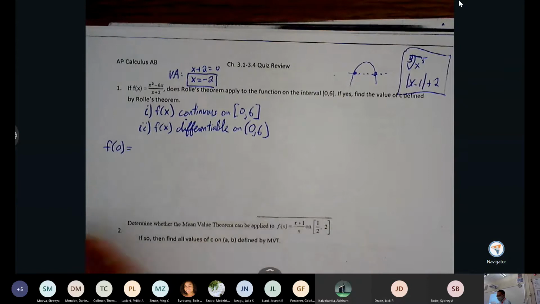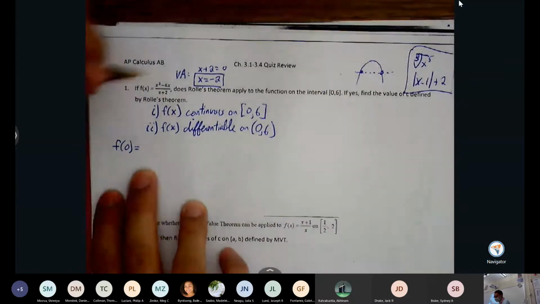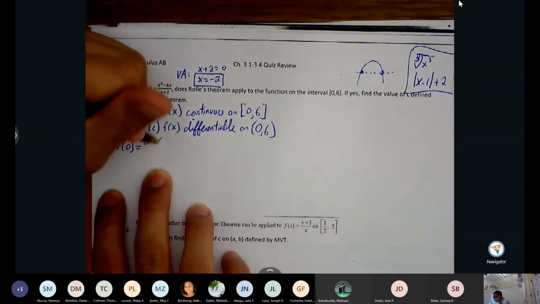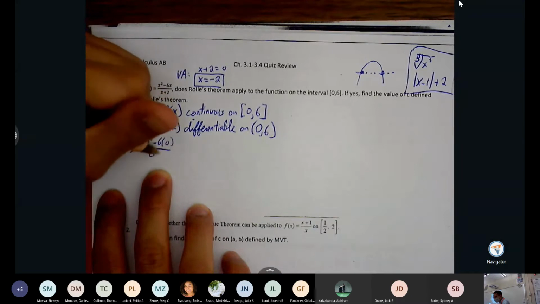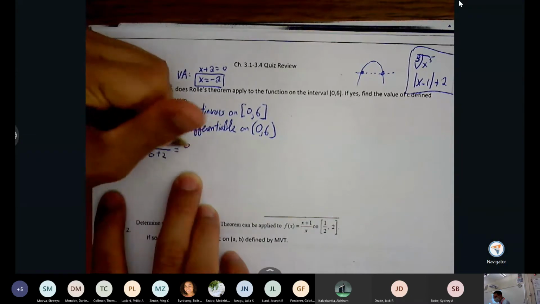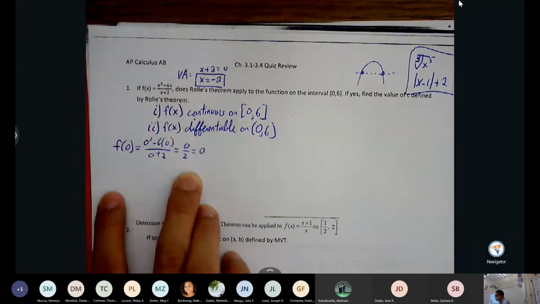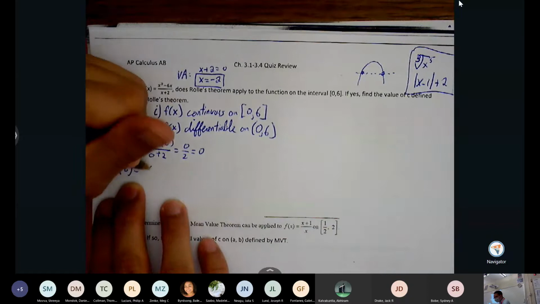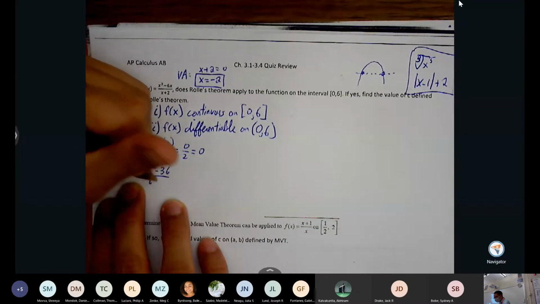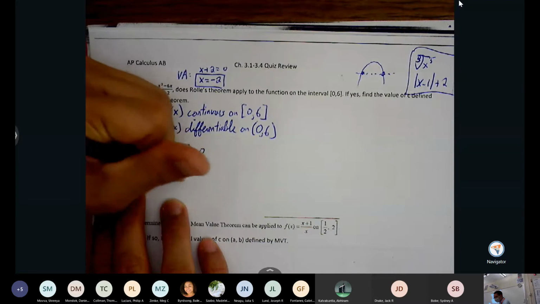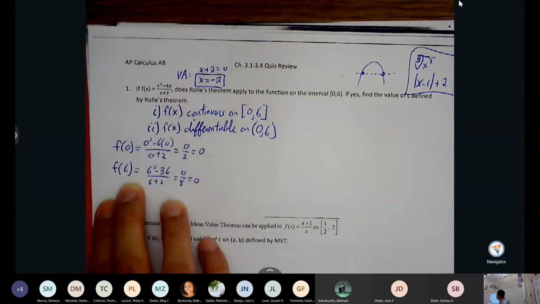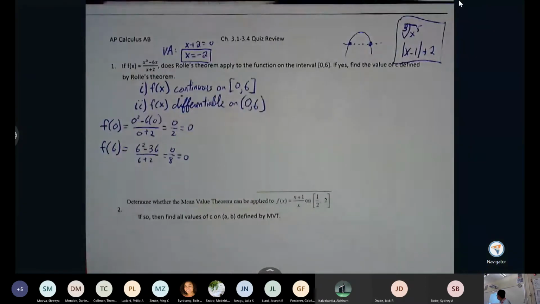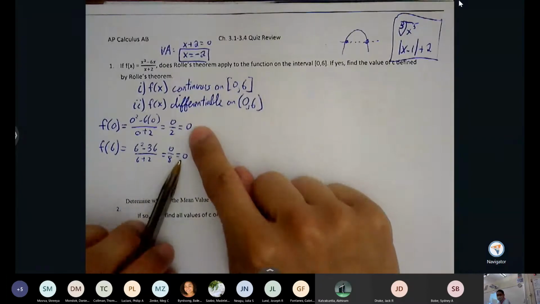Okay, so f of 0. F of 6. So these are both 0.